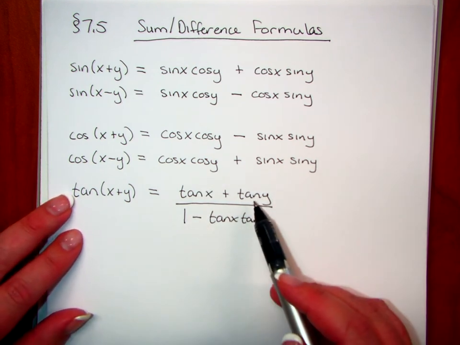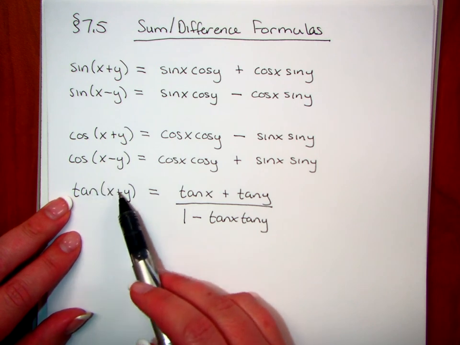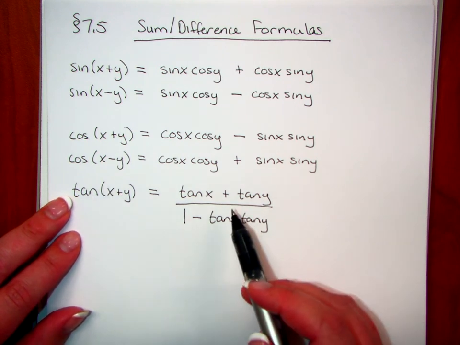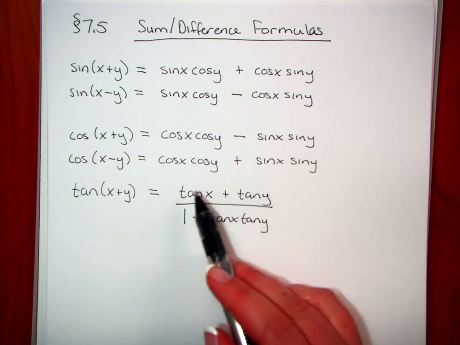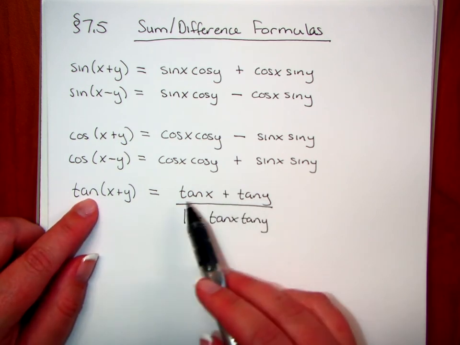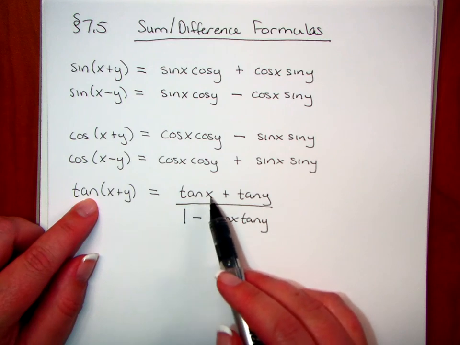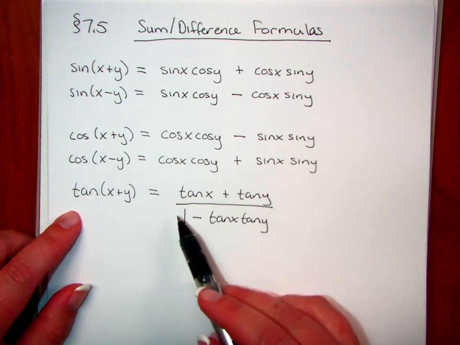The numerator, it does appear that you can just distribute the tan, okay? But that's really a false assumption there, because the tangent is a fraction here. But that might help you remember this identity. So the top is just tan x plus tan y, all right? And then you have to remember the denominator, okay?